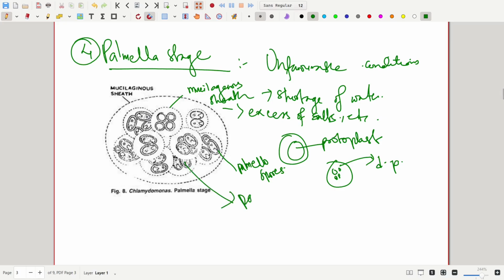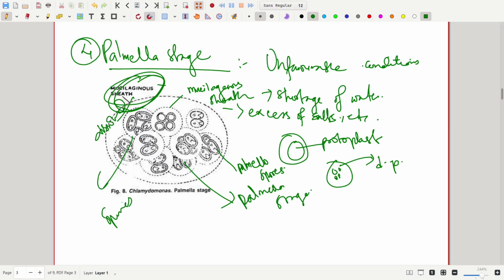That is called the Palmella stage. And when favorable conditions are restored, the gelatinous mucilaginous sheath gets dissolved and each spore inside gets out of it and starts to germinate into a new thallus.